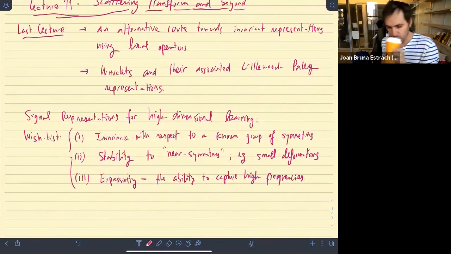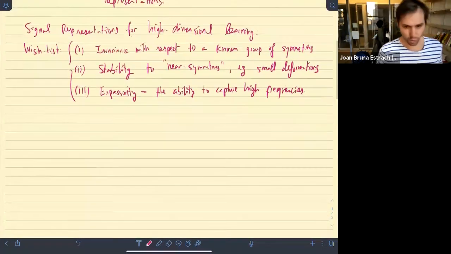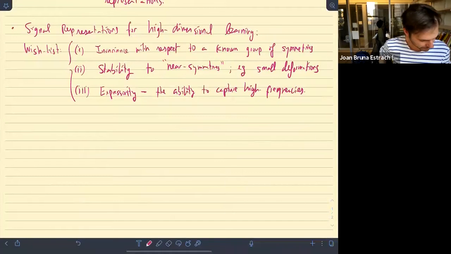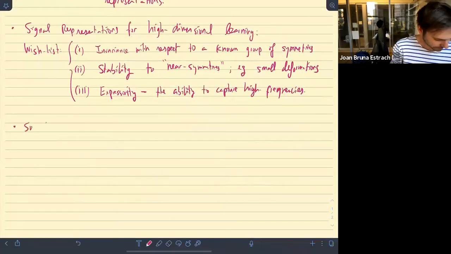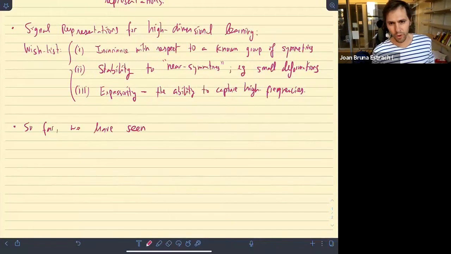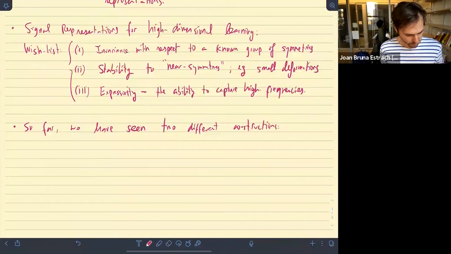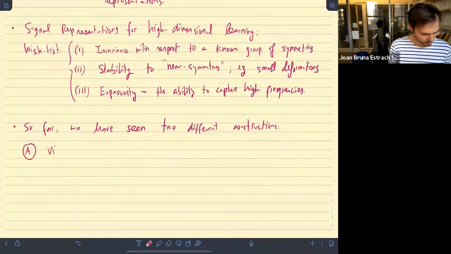And so, two lectures ago, so far, we have seen two routes, two ways to build invariant representations, two different constructions. The first construction was via the Stone theorem, if you remember.